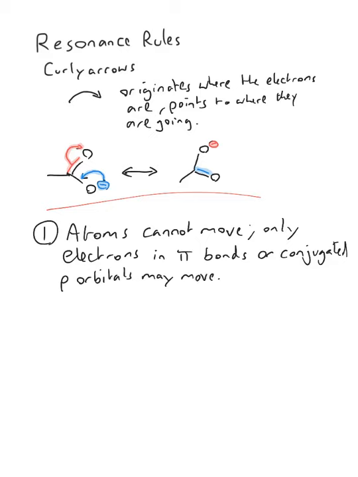As we discussed in the previous video, if you understand conjugation, you can figure out which electrons should be able to move and which ones do not. Now, practice makes perfect, just practice it.